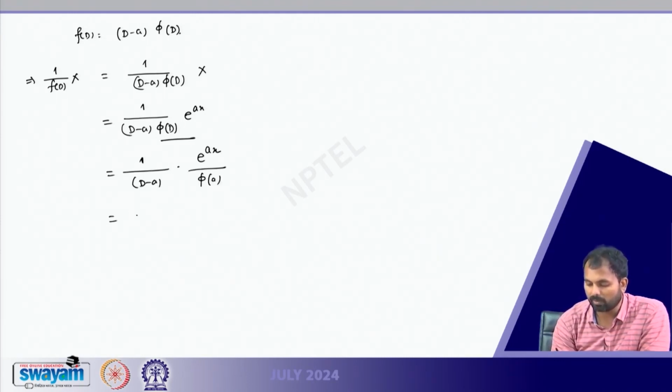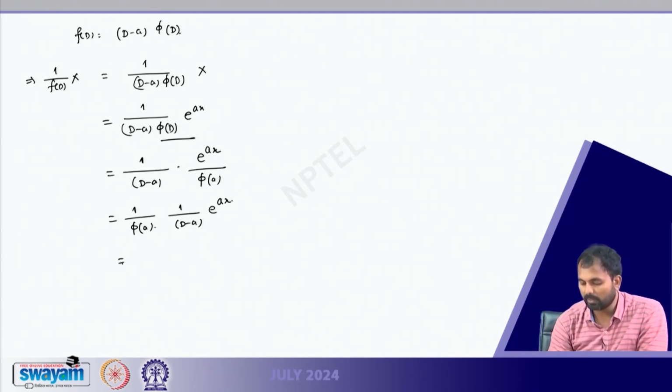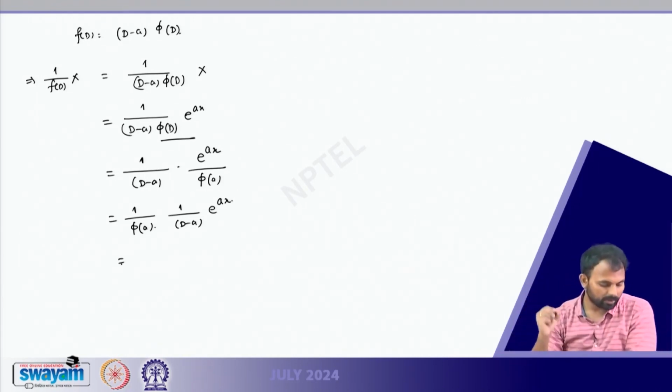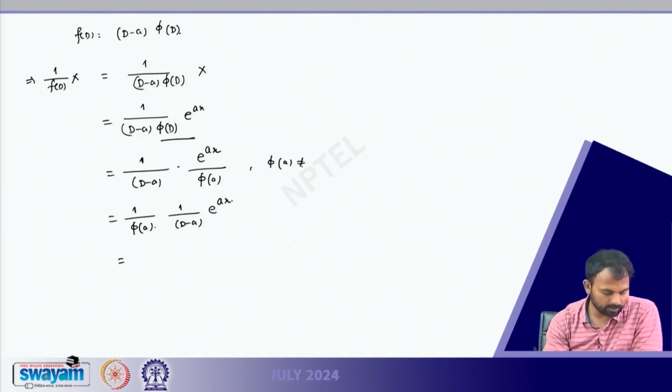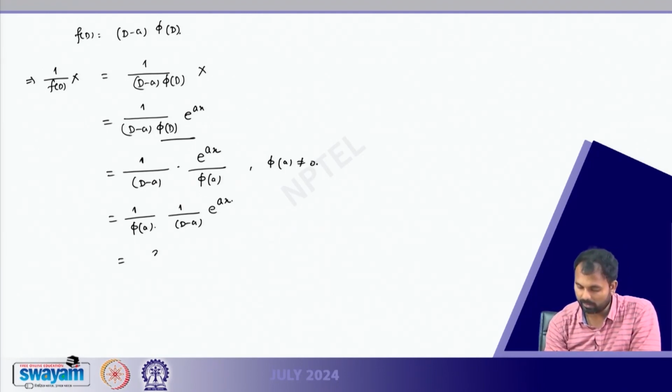So, this phi(a) will come outside, and we will have 1 by (D minus a) of e to the power a x. Of course, here we have to write provided phi(a) is not equal to 0, and from here 1 by (D minus a) of e to the power a x can be further written as x e to the power a x by phi(a), right.